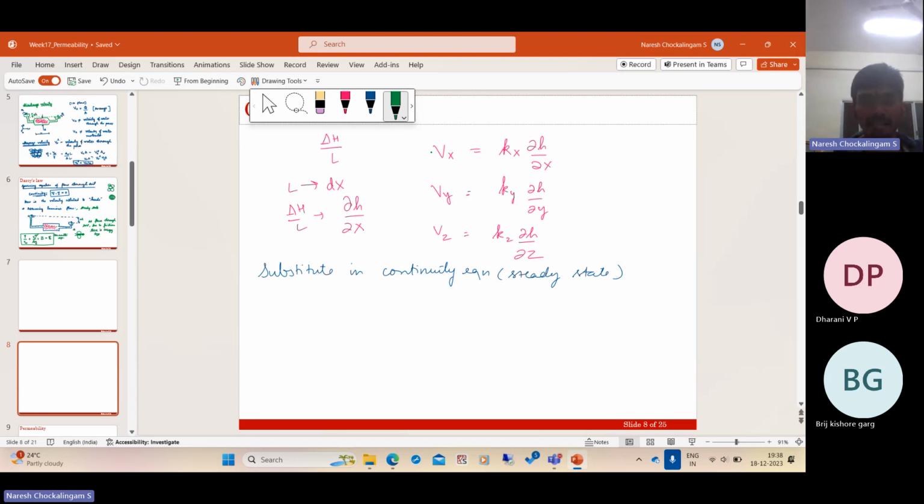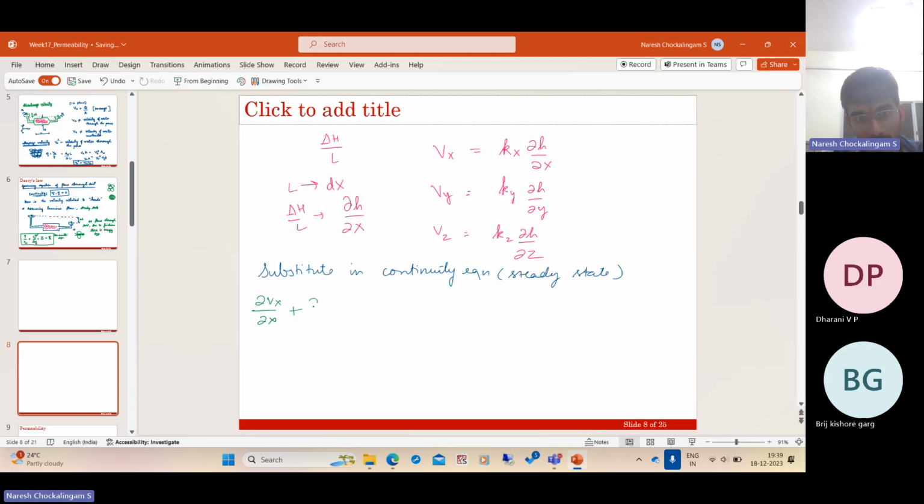Although they don't have to be under realistic conditions, it's an assumption. So if Kx, Ky, Kz are assumed to be constant, then partial Vx with respect to X plus partial Vy with respect to Y plus partial Vz with respect to Z is nothing but Kx partial square H by partial X square plus Ky partial square H by partial Y square plus Kz partial square H by partial Z square equal to 0.